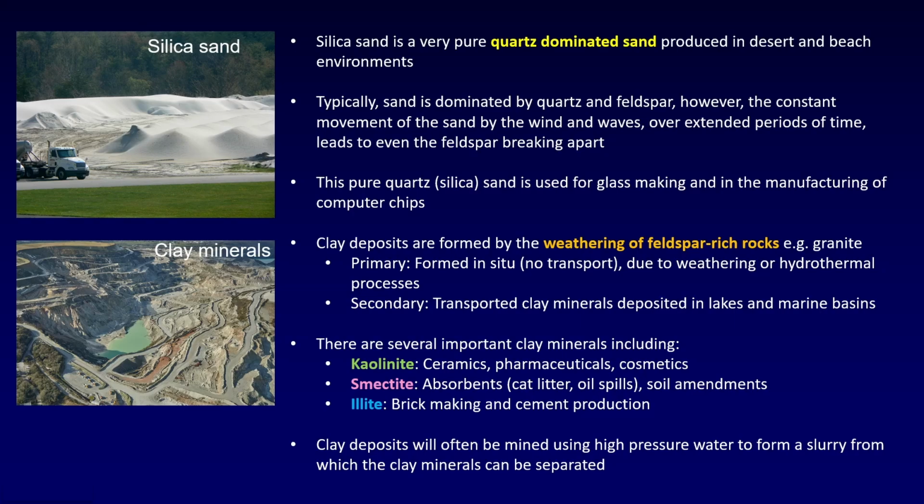So after enough time, even the feldspar has been broken down and washed away, and so the sand you're left with is a very pure quartz sand. And this is primarily used in 2 things. It's used in glass making, and it's used in the production of computer chips.